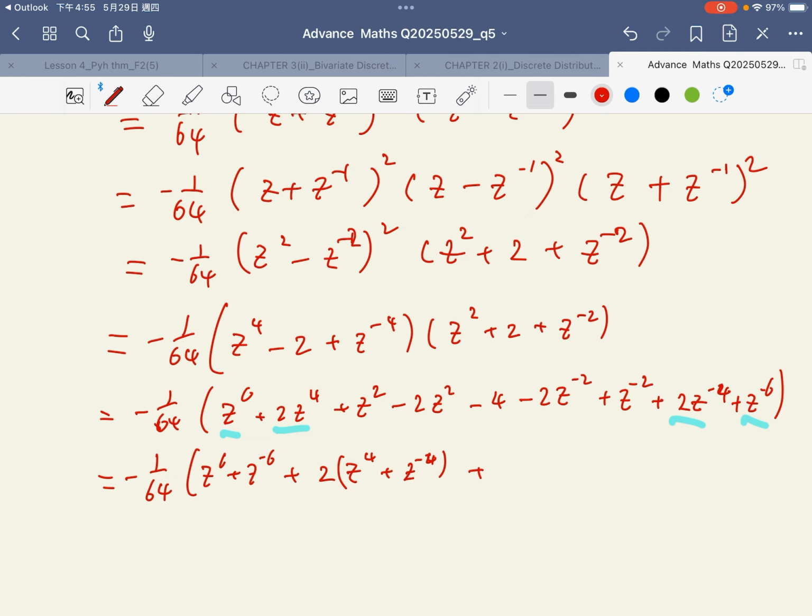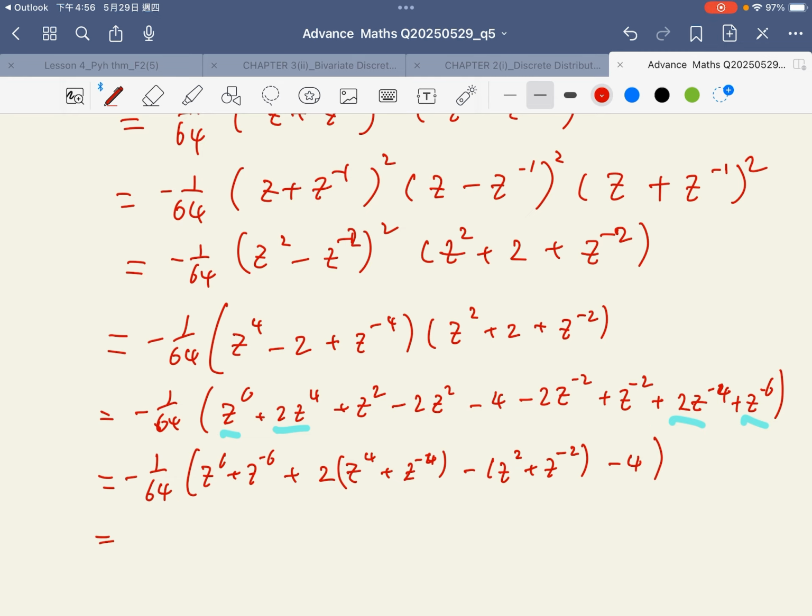Also, this is negative, this is also negative: negative z to the power 2 plus z to the power negative 2. And then the last term is 4.